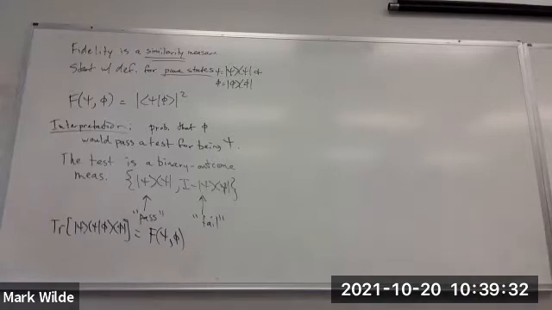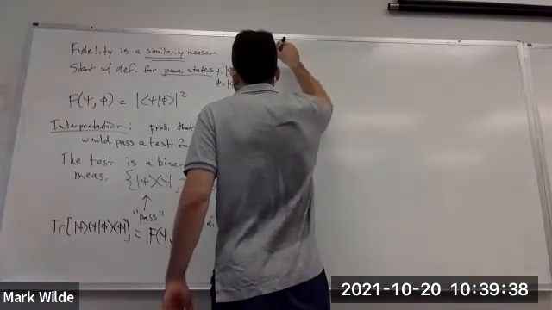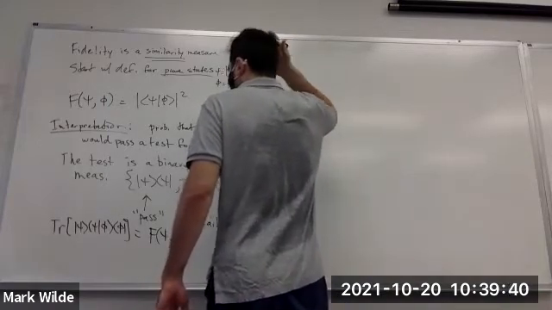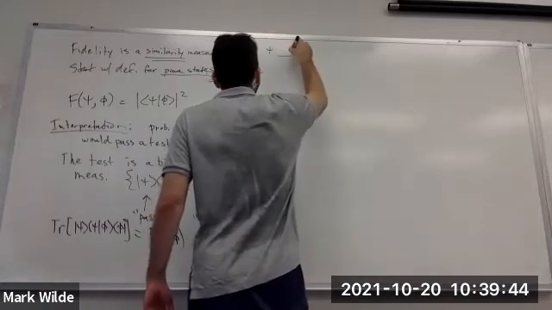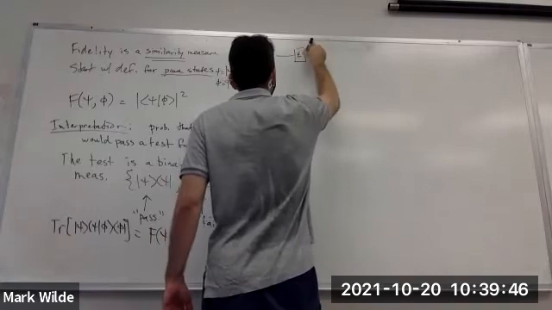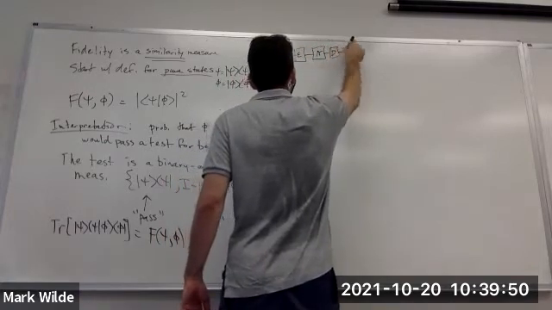So you can imagine at the end of a quantum communication protocol, right? Let's draw a diagram, the kind of thing that we'll be seeing a lot later on. So psi will be input, and there'll be some encoding, and there'll be a channel, and there'll be a decoding.